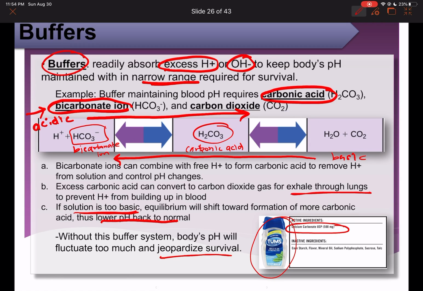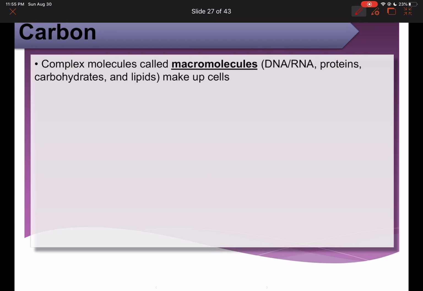So calcium carbonate will essentially become the bicarbonate ions that can neutralize those extra hydrogen ions in the esophagus area, and you feel better almost instantly after taking a tablet of Tums. Chewing the Tums tablet puts those bicarbonate ions into solution and allows them to act as a buffer for your esophagus.